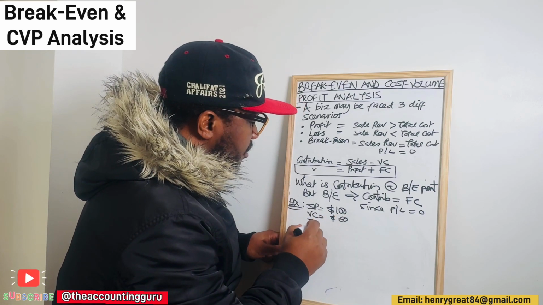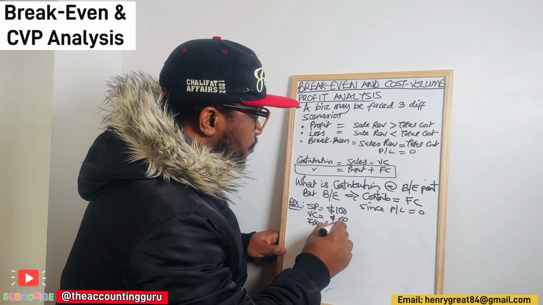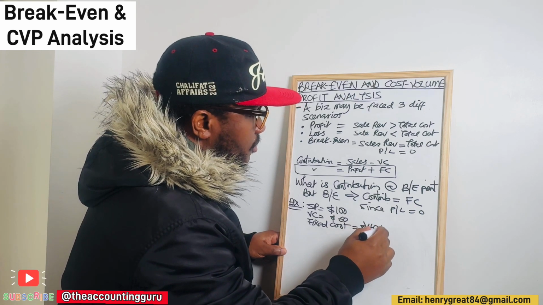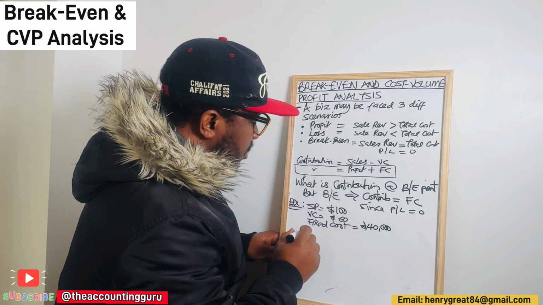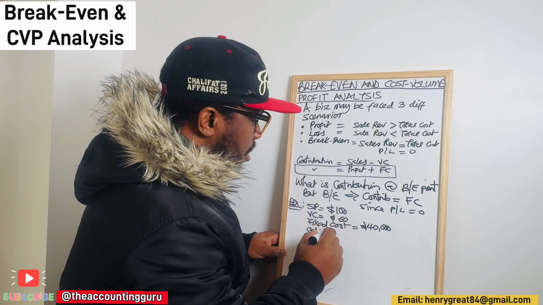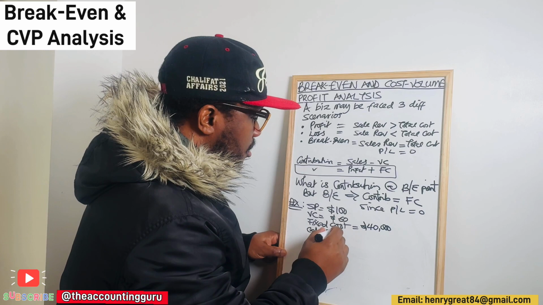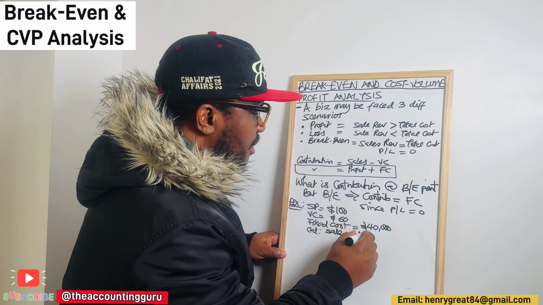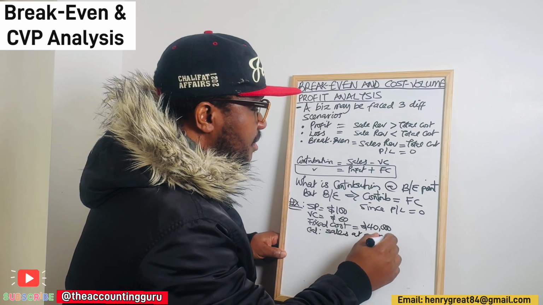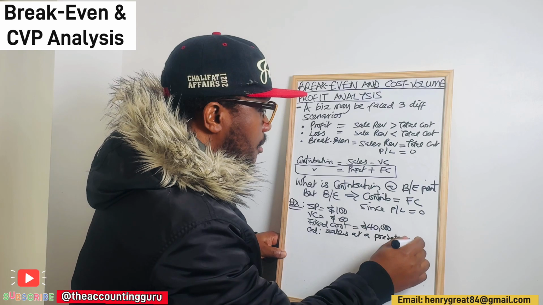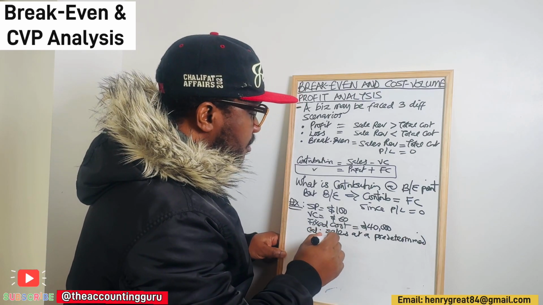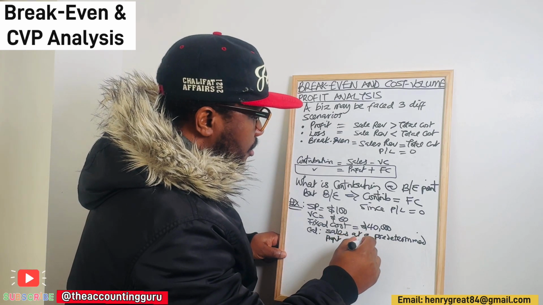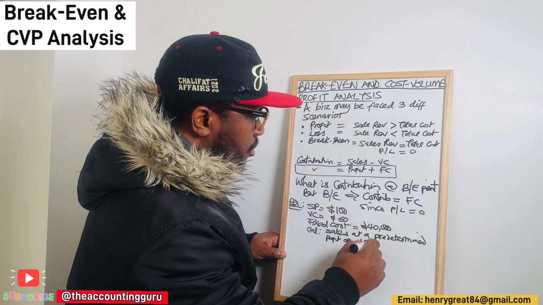Then the fixed cost is say $40,000. Now the question is this: calculate sales at a predetermined profit of say $5,000.